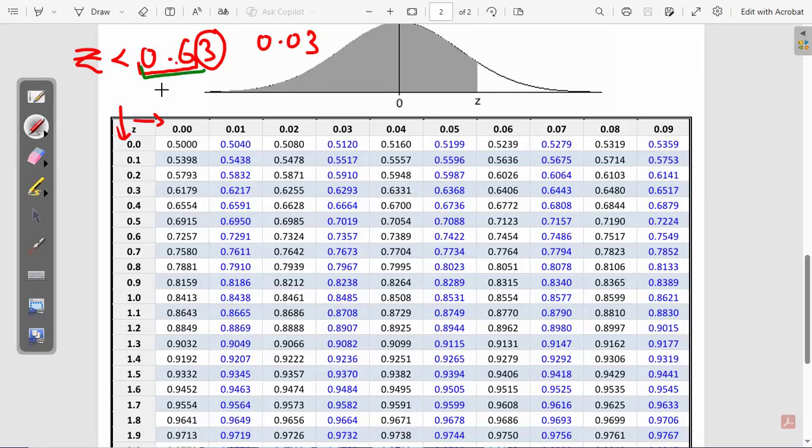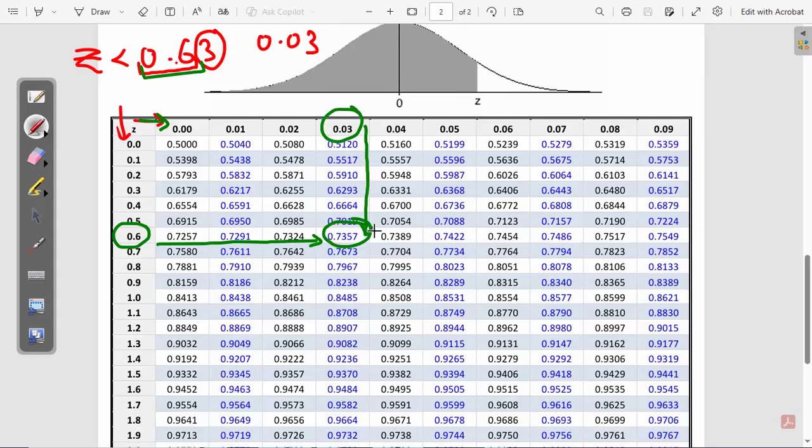So 0.6 is there, and 0.03 is there. To find the answer, you go along this 0.6 moving to the right, and in this 0.03 coming down, and the 2 meet in this box. That will be the answer.